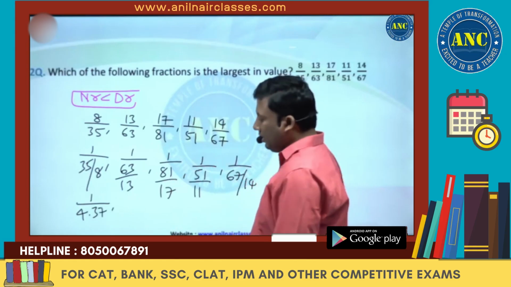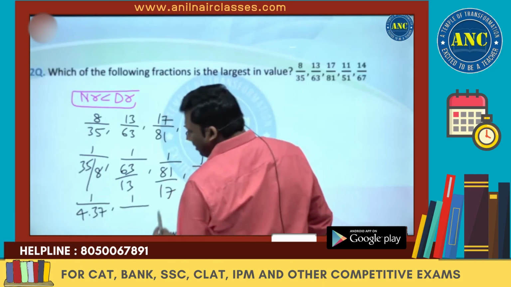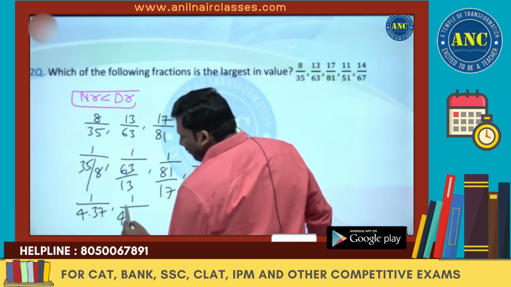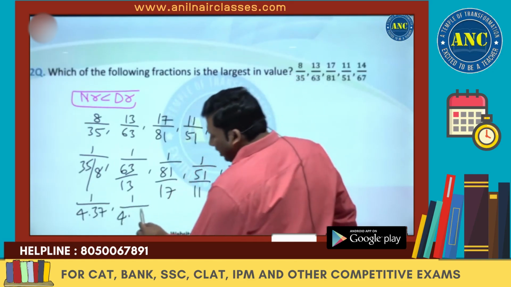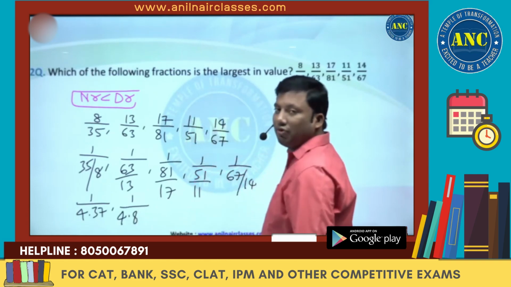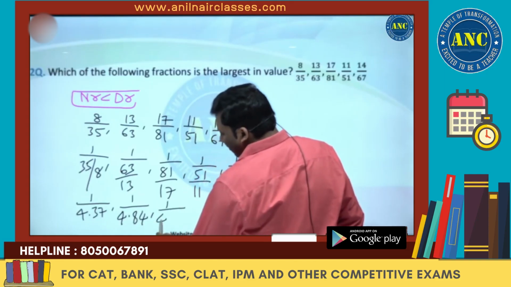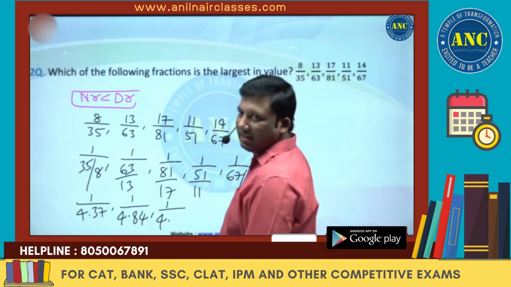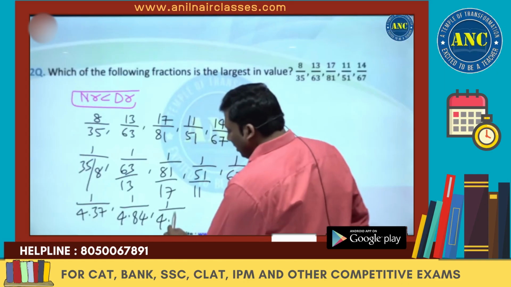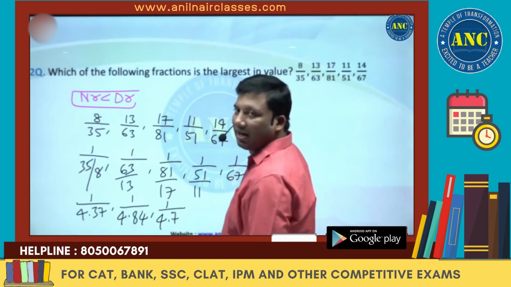Close to 4.37. 63 by 13: 13 4s are 52, 110. 13 8s are 104, 60. 13 4s are 52. 17 4s are 68, 130.